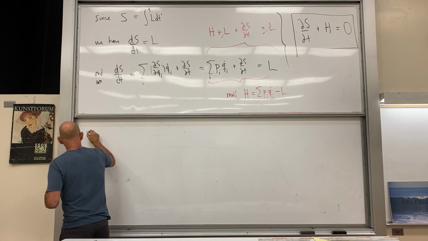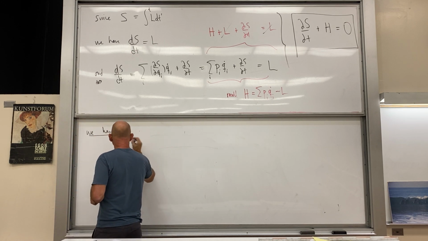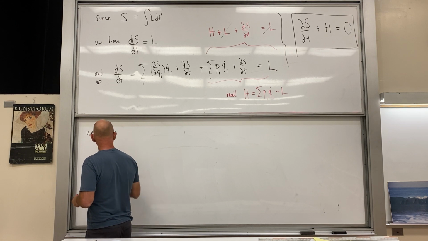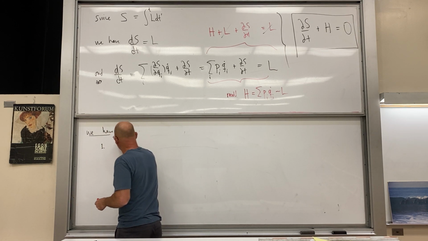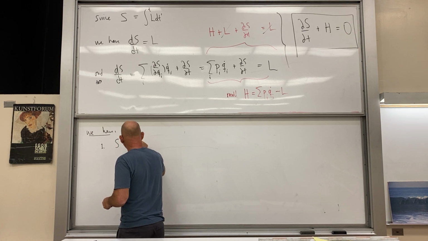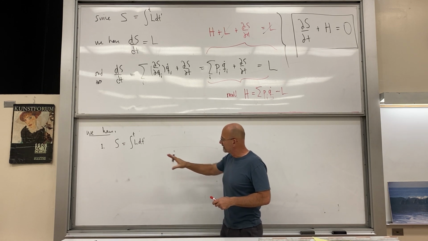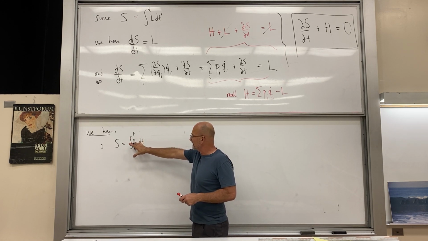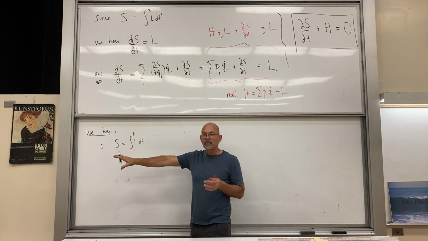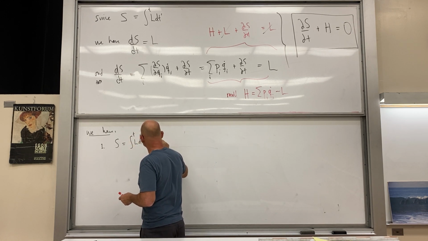we have, nothing like a little numbered list. So S, the integral of L dt, is a function of the upper bound, that is to say, a function of the coordinates at the upper bound of our mechanical system.